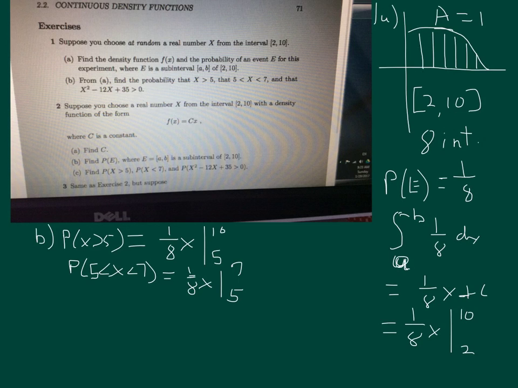Okay? Now, for the next question, for part B, I'm still on part B, sorry, where they ask you for the quadratic. That question is exactly the same as what we're doing here. The problem is you first have to solve the quadratic.